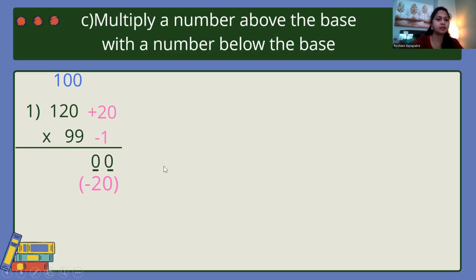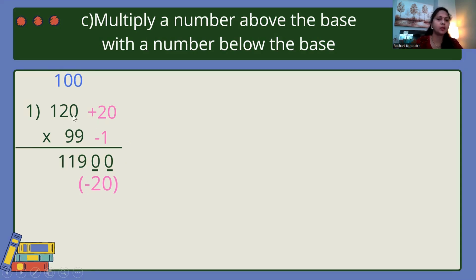Okay. Then the cross answer. 120 minus 1 is 119. Or if you add these two numbers, you are going to get the same answer. Okay. 119. But this is not our final answer. What is the next step?